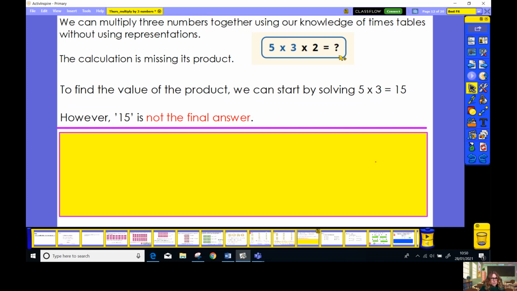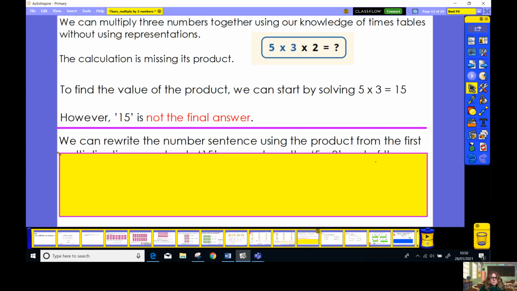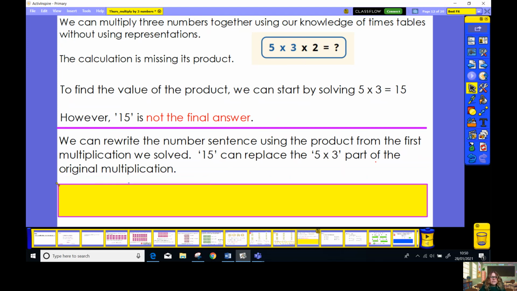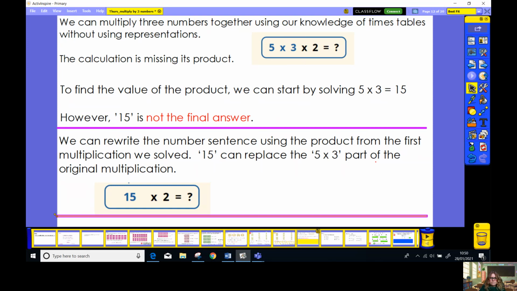The product here is not 15 because remember, I've got to use these digits here, this calculation, before I'm finished. Now we can rewrite the number sentence using the product from the first multiplication we solved. 15 can replace 5 times 3. Do you see? Now I have this calculation here. 15 multiplied by 2 equals this product.